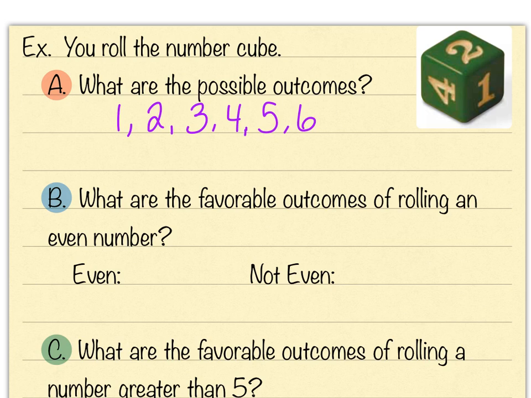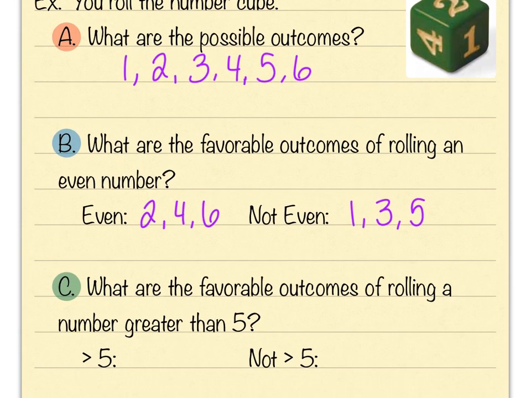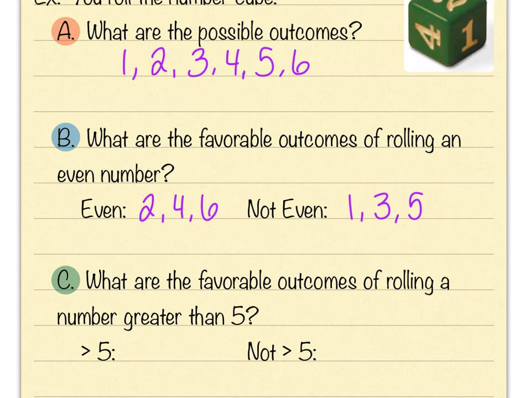It says, what are the favorable outcomes of rolling an even number? Well, there's 3 even numbers, 2, 4, and 6. And then there's 3 not even numbers. We call them odd, but we'll just say that they're not even for now. And that would be 1, 3, and 5. Part C says, what are the favorable outcomes of rolling a number greater than 5? Well, how many numbers are greater than 5? Just one. It's a 6.